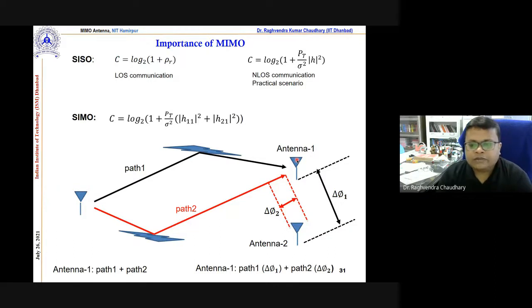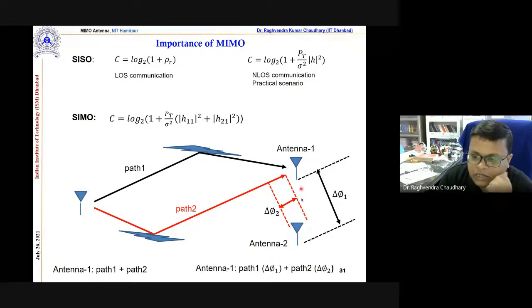So what is happening is we have 2 antennas, but maybe due to some reasons the signal does not reach antenna number 2, and here we are lucky enough that the signal reaches antenna 1, somehow. So now we have increased the probability of receiving the signal at the receiving side.